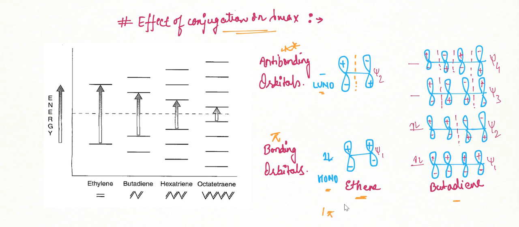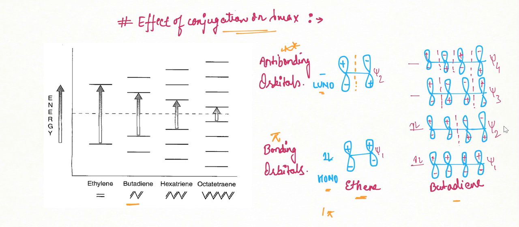What if we talk about the butadiene system? It has two pi bonds, so these are the depictions of all the levels it has. The first one is our psi 1, the first molecular orbital depiction, which has no nodal plane or no node, and all the orbitals are in bonding phase.